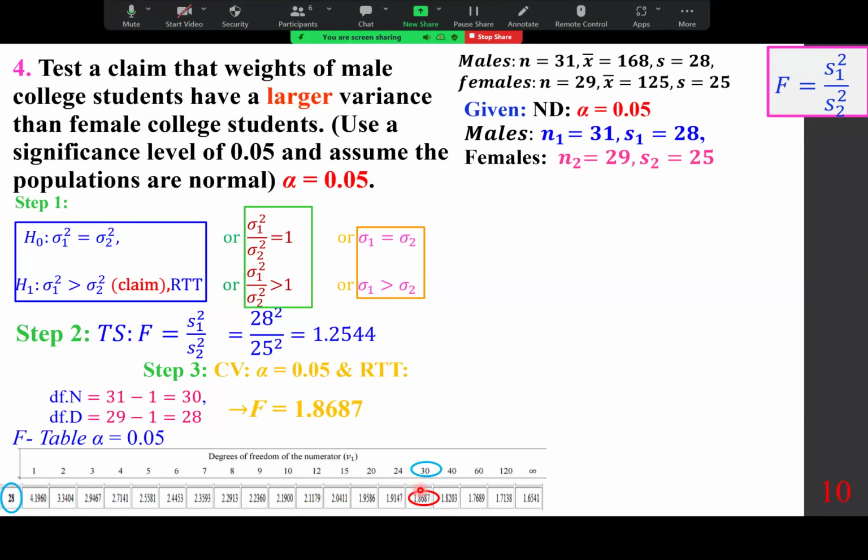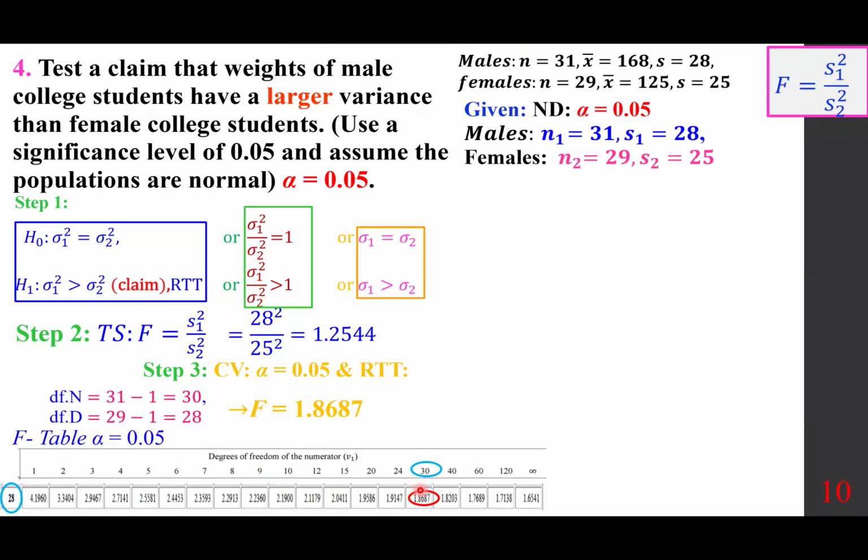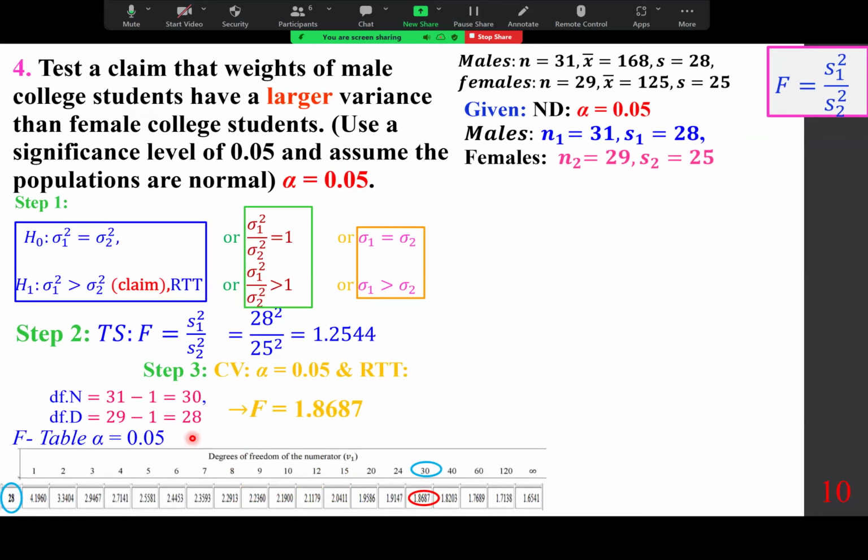So again, to recap, there are a few F tables. Choose the proper alpha; in this case, our alpha is 0.05. Degrees of freedom of the numerator is in the top row, the denominator is the left column. Put them together and the answer is F.